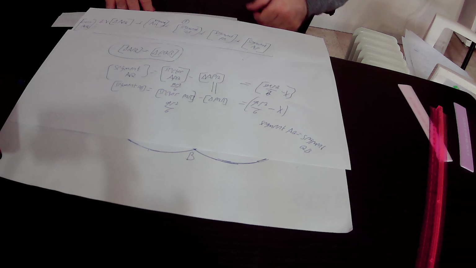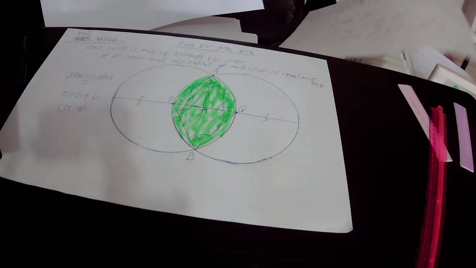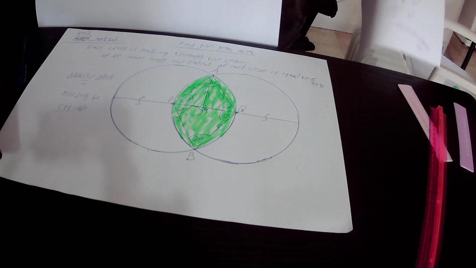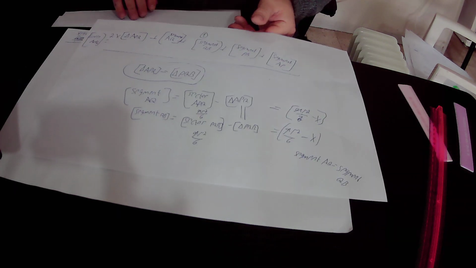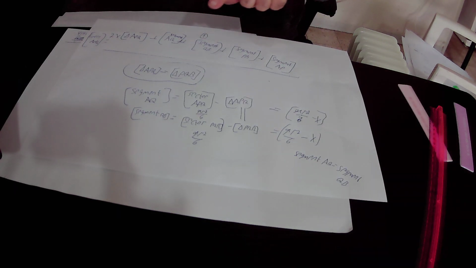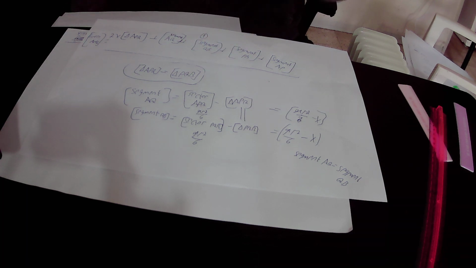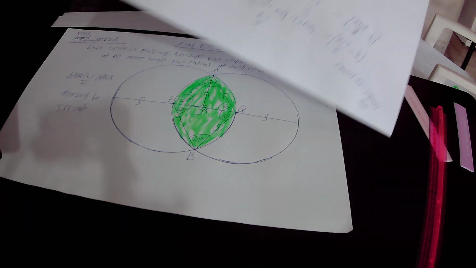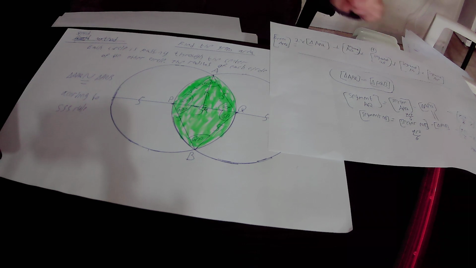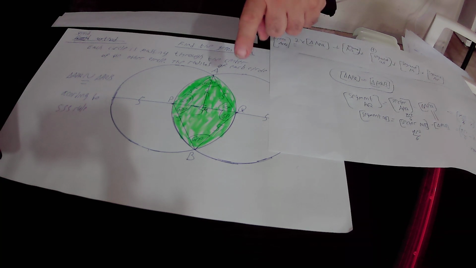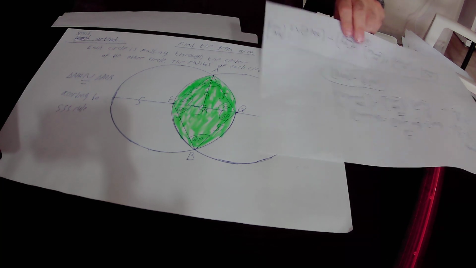So we can write down that segment AQ equals segment QB. And if we continue to calculate the areas of segment AP and PB, we will get that they also have the same areas as segment AQ and segment QB.